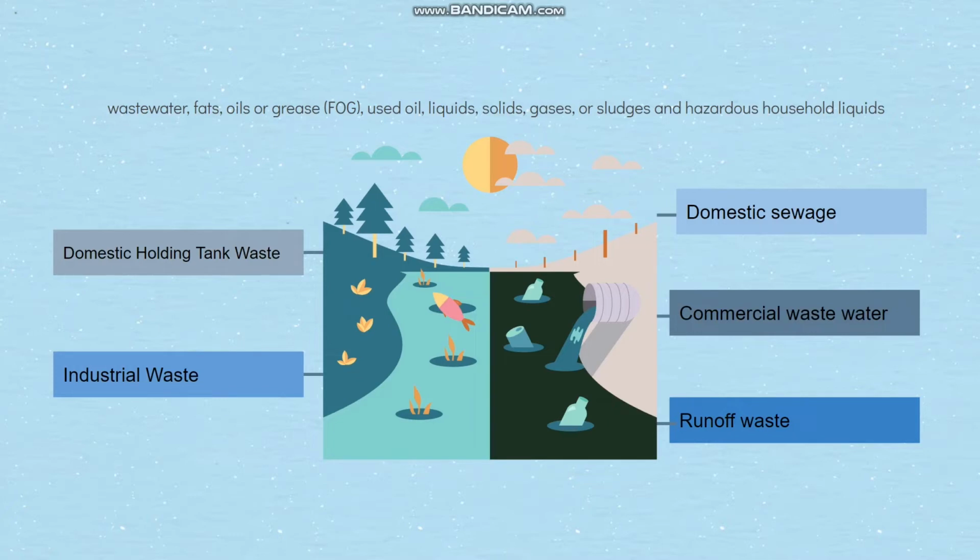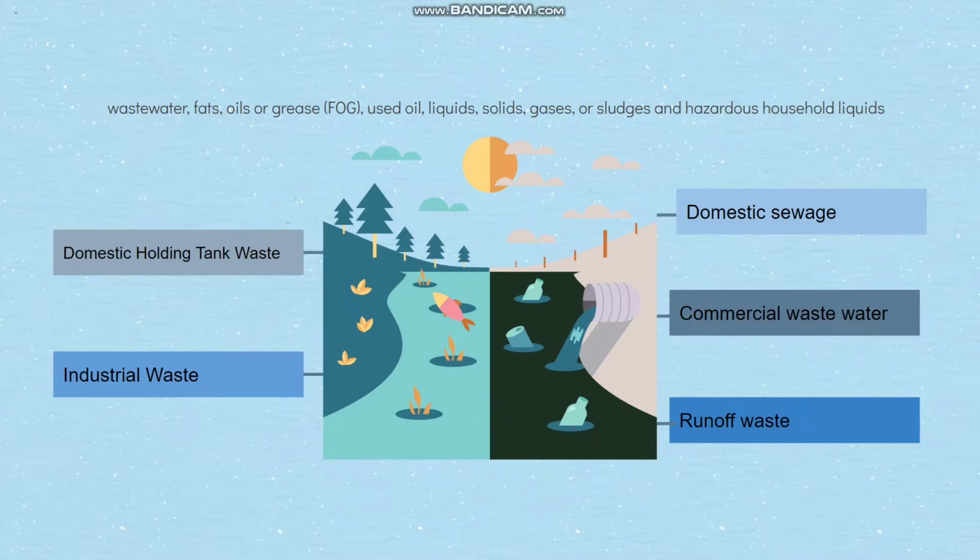It includes wastewater, fats, oils or grease, used oil, liquid, solid, gases, or sludges, and hazardous household liquid. Liquid waste is classified into 5 types. The first one is domestic sewage.